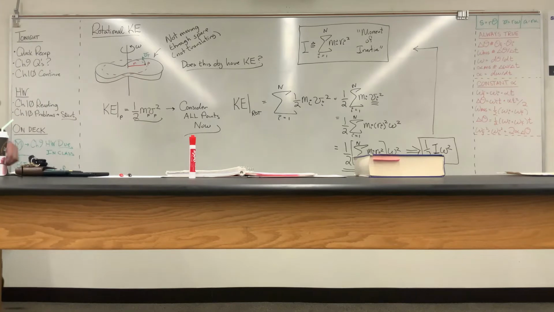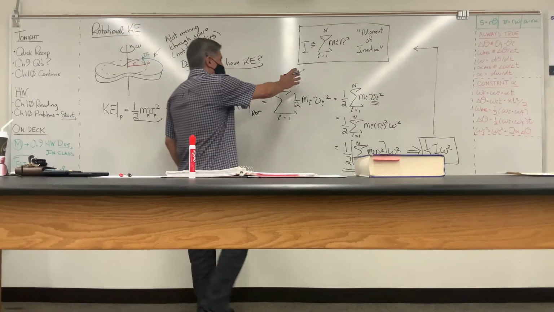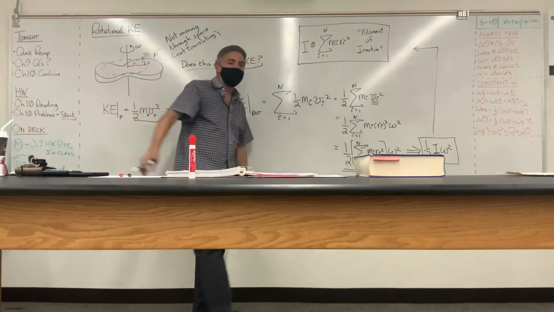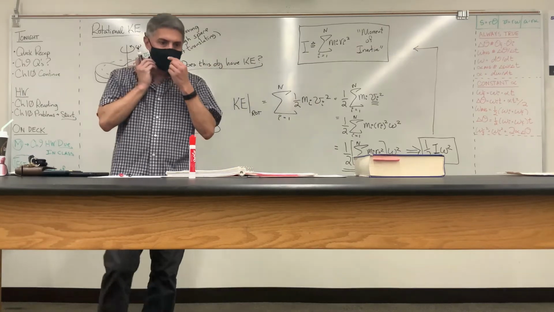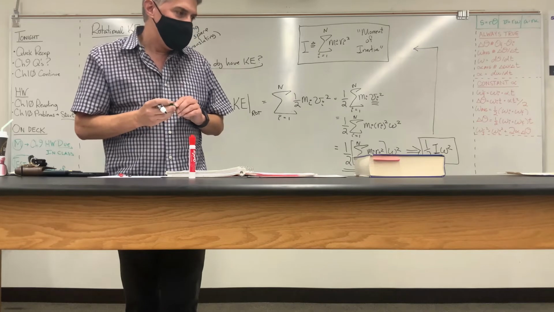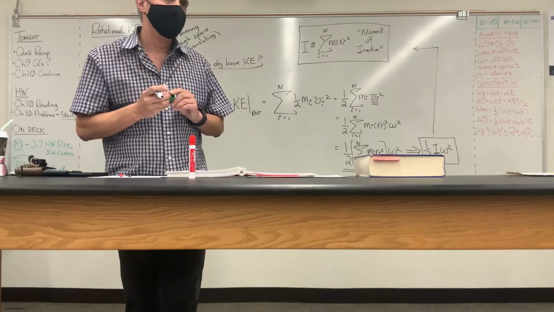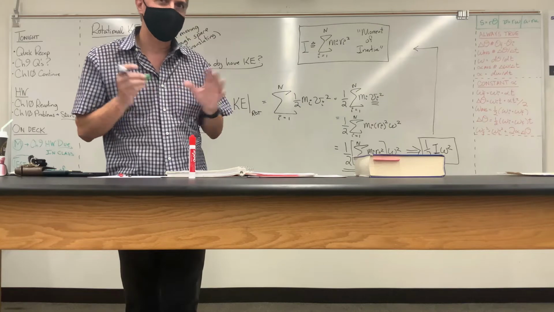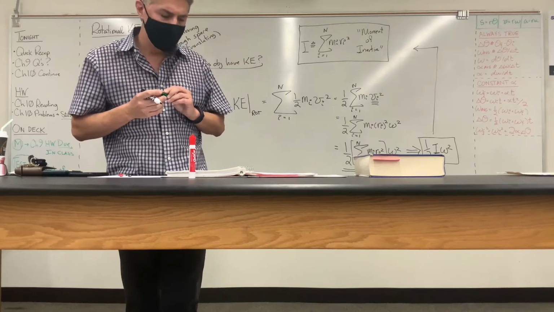So what I want to do now is focus a little bit more on this. And I'm going to give you a definition in words to write down. But this is one of the hardest concepts to ingest. And so I want to just talk to you even before you write stuff down.